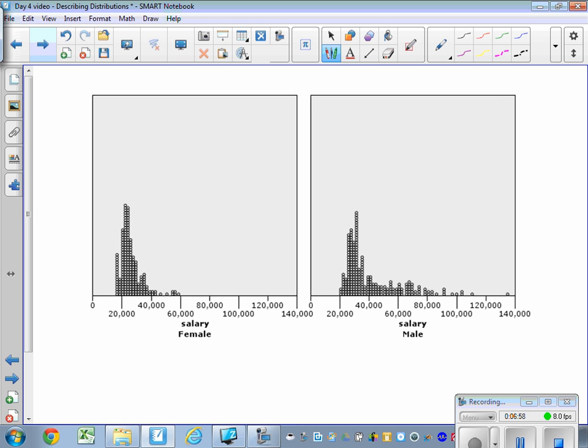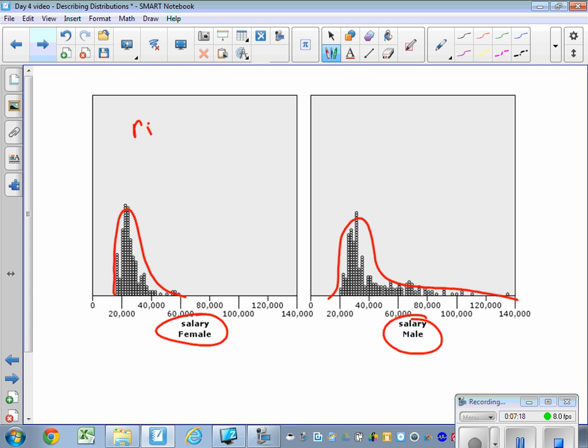Here we have two graphs. Both graphs are right skewed. If we were to smooth them out, they'd look like that. This is a distribution of salary among females and males. Both distributions are right skewed.